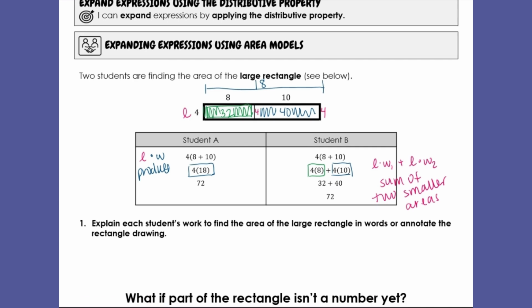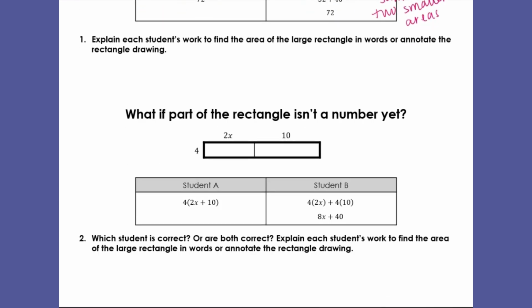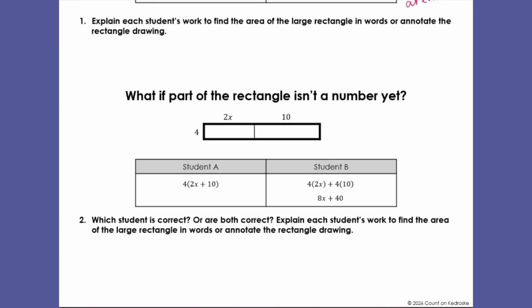So now, the big question that we have is, what if part of the rectangle isn't a number yet? That's when we get into 7th grade, where you're going to start thinking about expanding expressions that have variables and positive and negative terms.